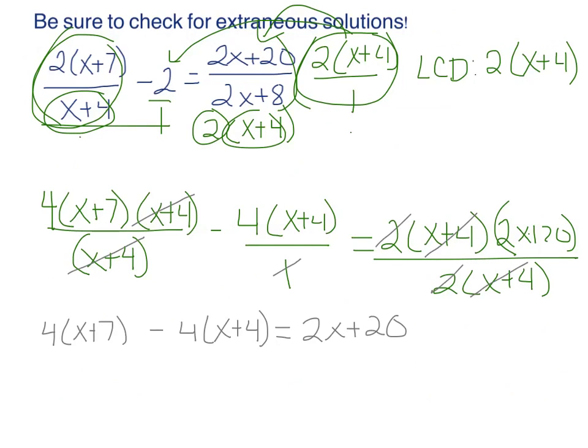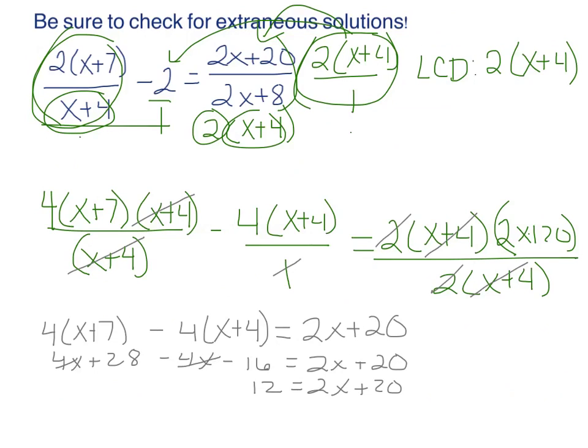And of course, if we distribute, we get 4x plus 28 minus 4x minus 16 equals 2x plus 20. And when we combine like terms, these 4x's go away. 28 minus 16 is 12. 12 equals 2x plus 20.